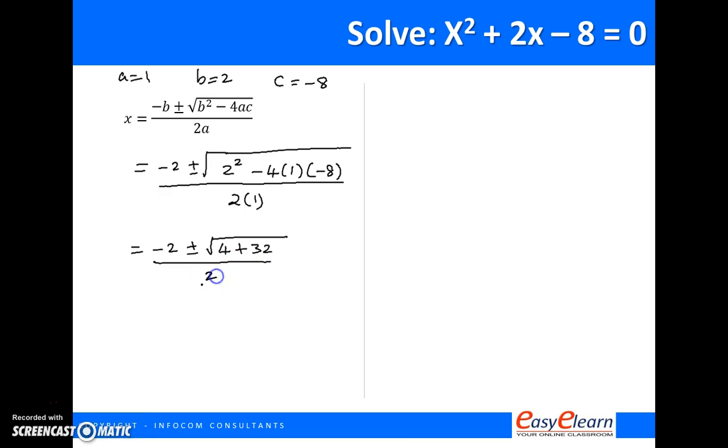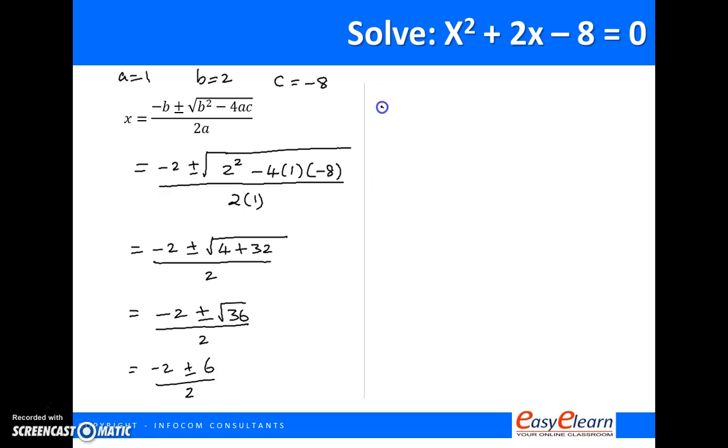Divided by 2. So I'm showing you here step by step. If you are familiar, you can skip some steps. Square root of 36, divided by 2. So the square root of 36, when you use a calculator, you will get 6. So we make the expression in a simplified format.